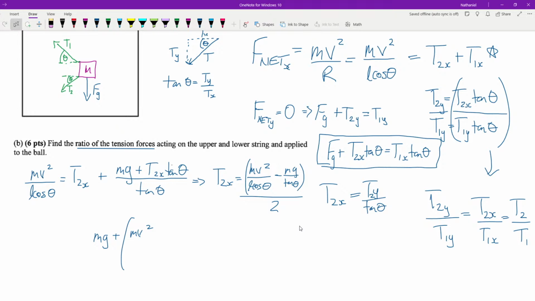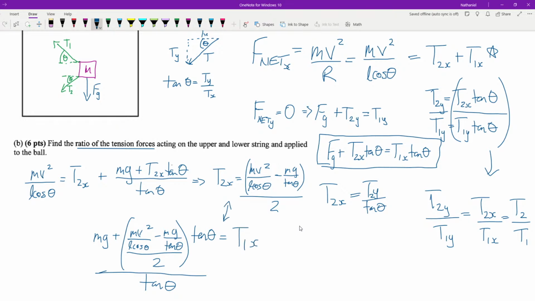Hard to tell, okay, we'll see. mv squared over L cos theta minus mg tan theta, all over 2, that times tan theta is equal to, and let's say this whole thing over theta is equal to T2x, and then we could do the ratio of these two things.